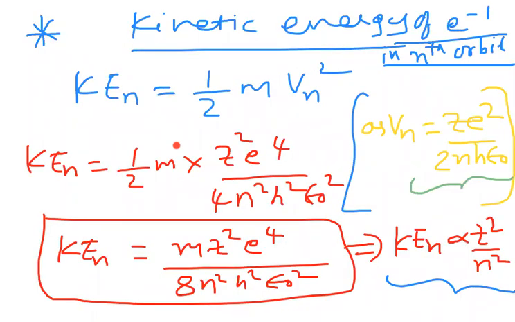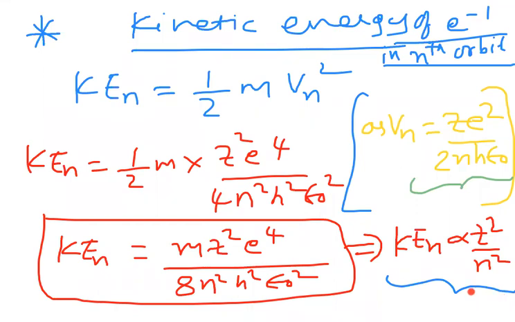The Vn value we just derived, substitute it into Vn square. Finally we got the kinetic energy formula as m z square e power 4 by 8 n square h square epsilon square. This is the kinetic energy of the electron in the nth orbit. Kinetic energy is proportional to z square by n square.